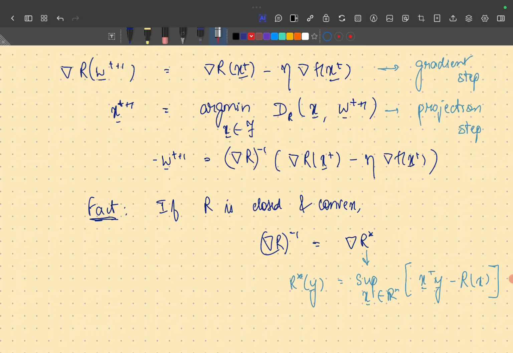All right? Del r itself is a vector function. Del r is a function from R^n to R^n. So it's like an operator. It's a transformation, a non-linear transformation. So both del r as well as del r inverse are non-linear functions.